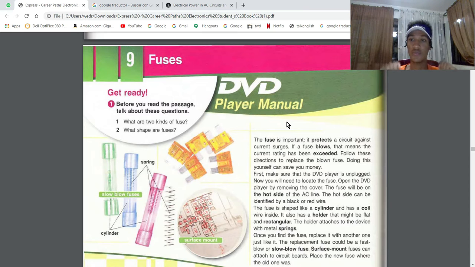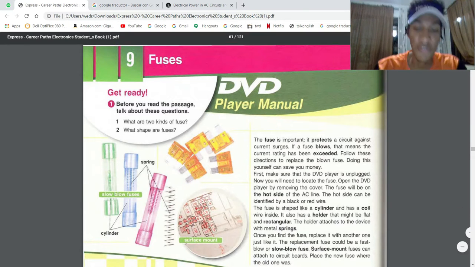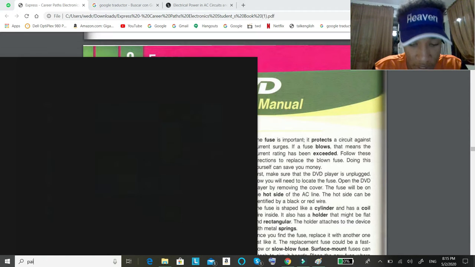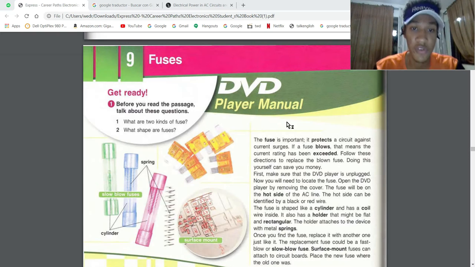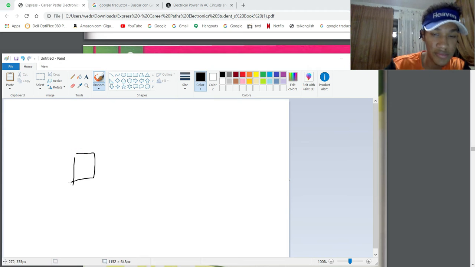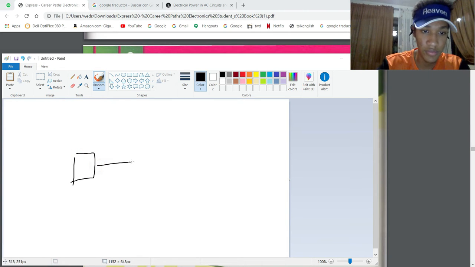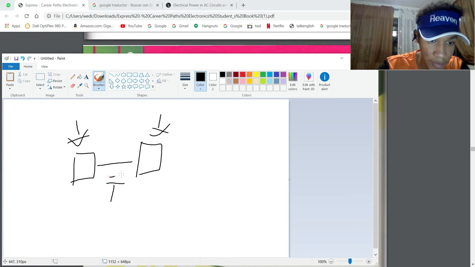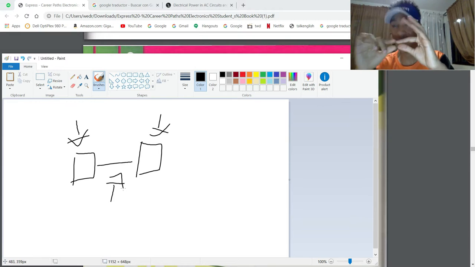You put a fuse to protect the circuit. We go to Paint again, because Paint is very helpful for explaining. You have a fuse. The fuse is simple. That is a conductor, a tiny piece of conductor. Tiny.